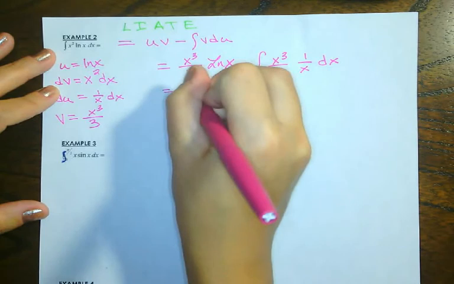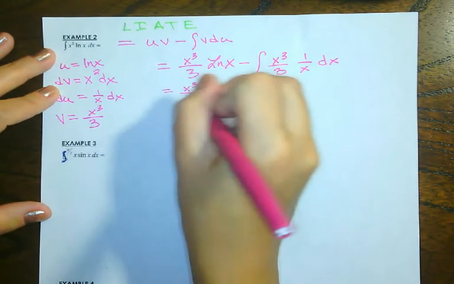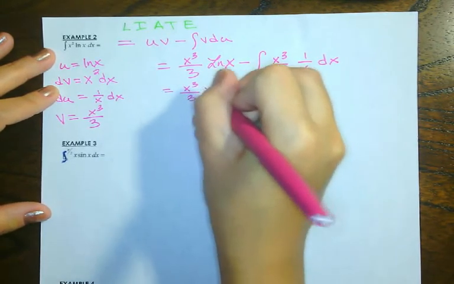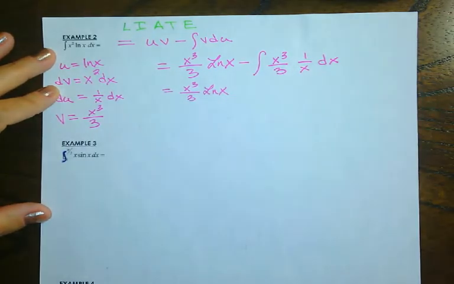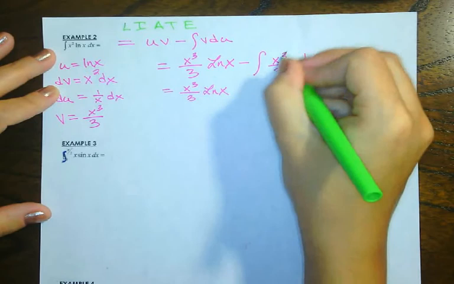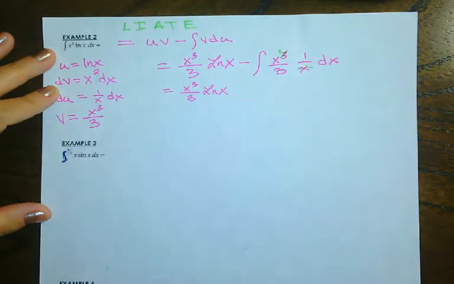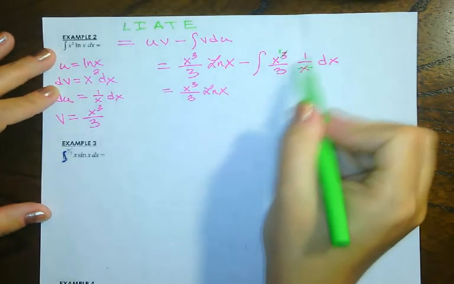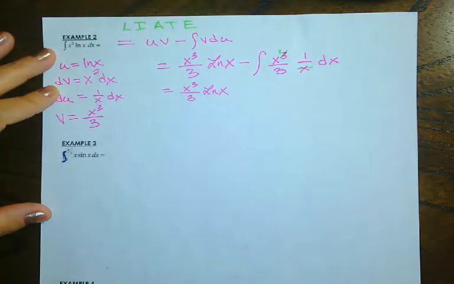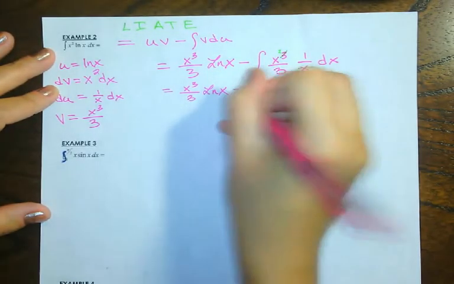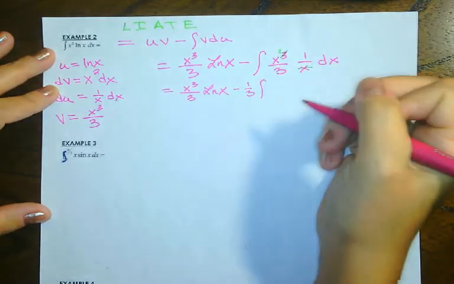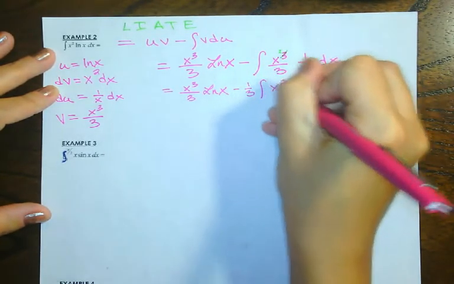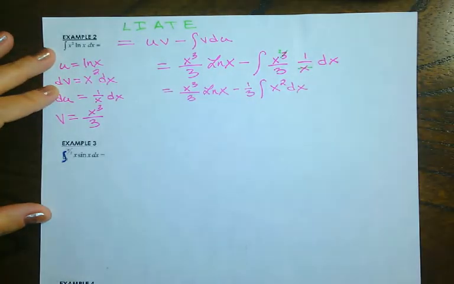So I'm going to leave this left-hand side of the integral alone, but over here, there are some things I can clean up. Like this x is going to change that to an x squared, and this 1/3, I'm going to factor out in front of the integral, because anytime I get a chance to remove a fraction from the situation, I like to do that. So that means I'm just left with an x squared dx here.